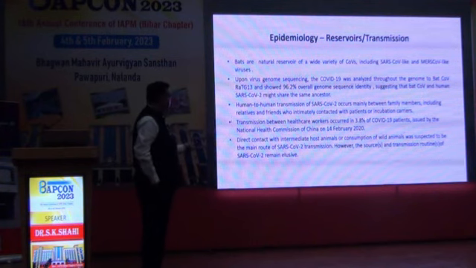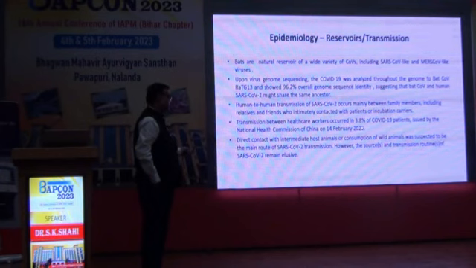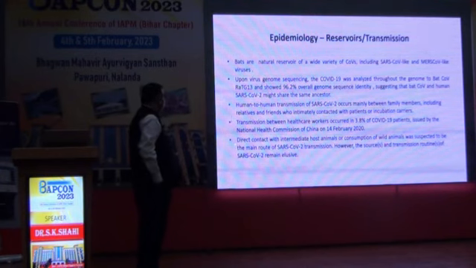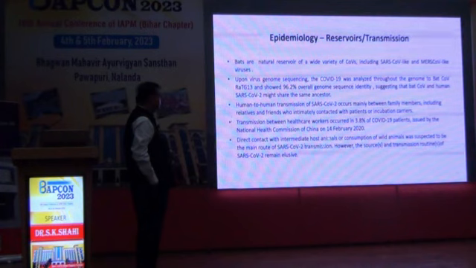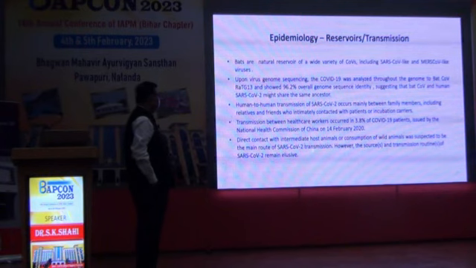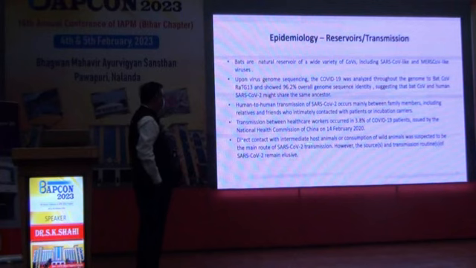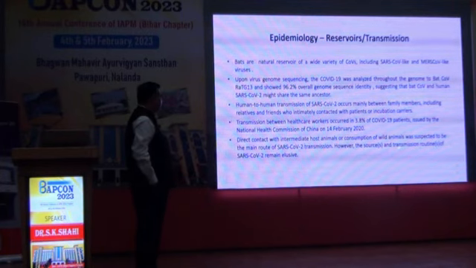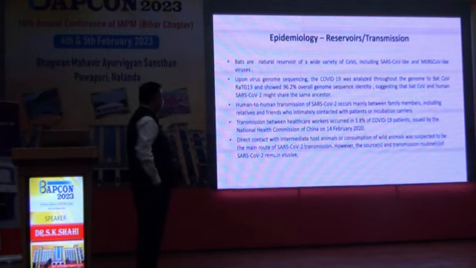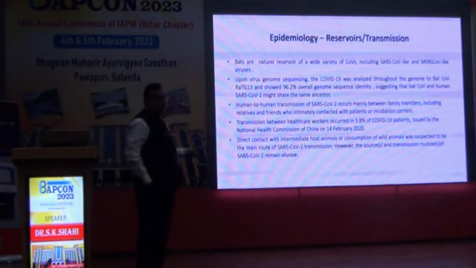So in my view, it goes to 93%. Direct contact with intermediate host animals and consumption of wild animals are suspected to be the main route of transmission. However, as the journal says, the transmission route remains elusive because it is not confirmed.